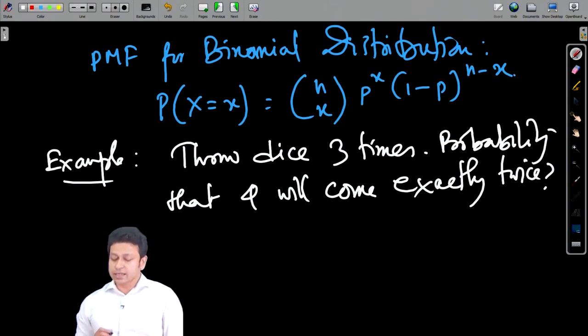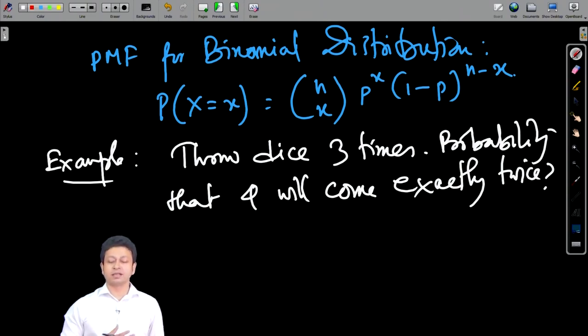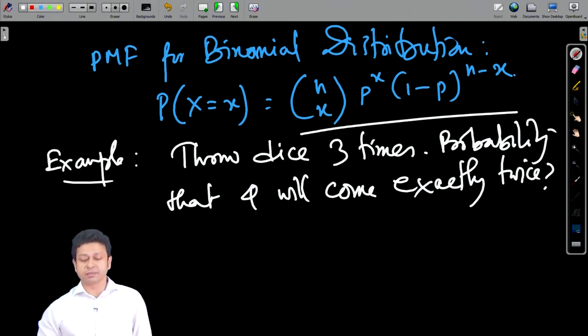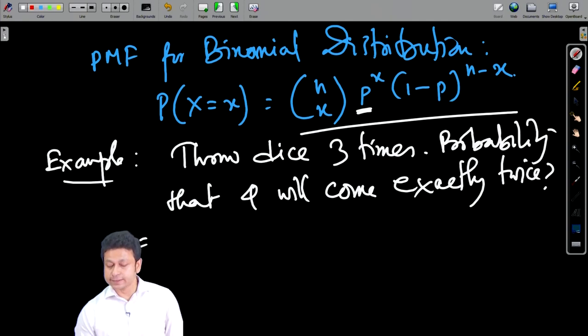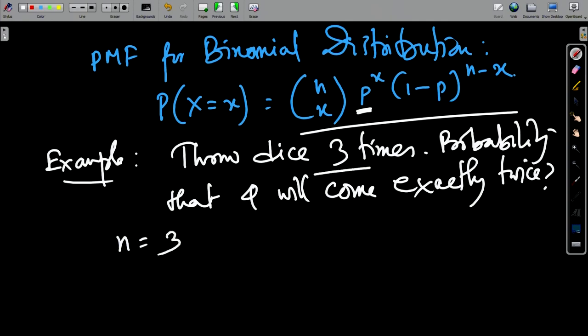To do that, what do we need here to create a binomial distribution? If we want to use a PMF, what do we need? We need the value of p, the constant probability. The n is 3, the total number of trials is 3, and your success count x is equal to 2.